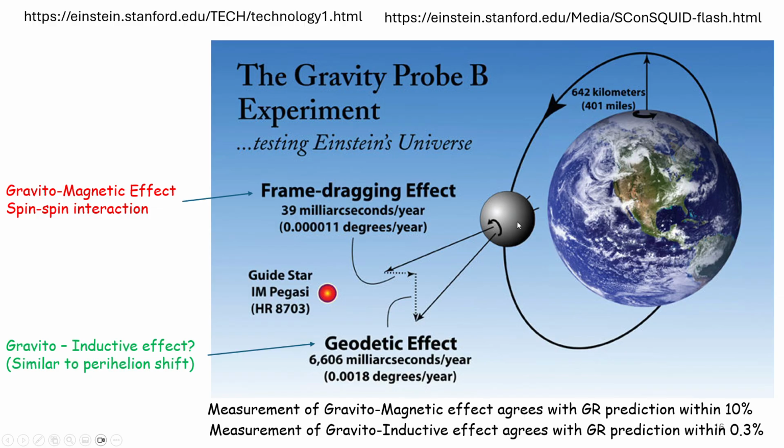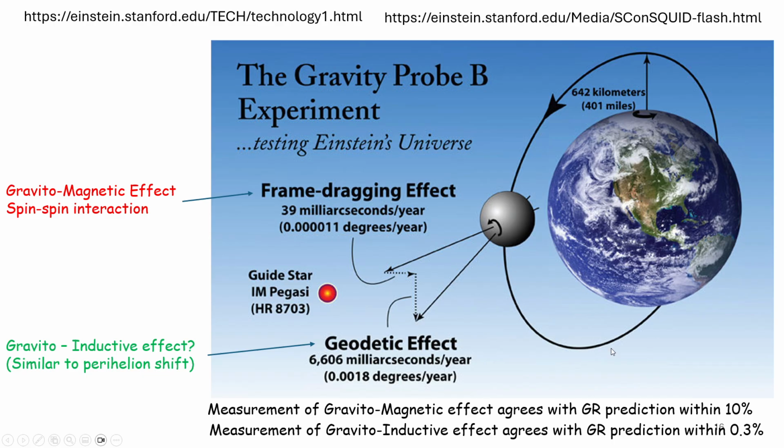The spinning vector at the start is in the orbital plane. And the frame dragging effect, the gravito-magnetic effect, which I call the spin-spin interaction, is officially called frame dragging, so it's a historical expression, was predicted to be this small amount.